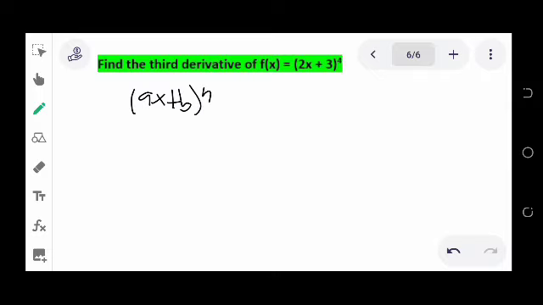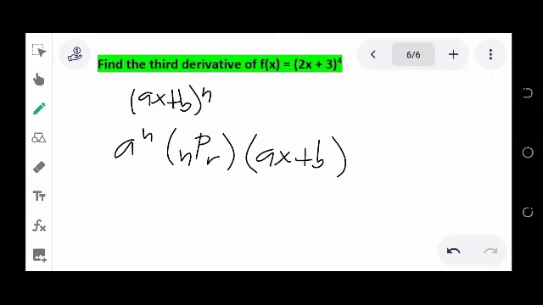So the derivative will be a to the r times permutation of n taken r times ax plus b raised to the power of n minus r. So, third derivative, our a here is 2. So, this will be 2. Then, n is the exponent. So, that's 2 to the fourth.